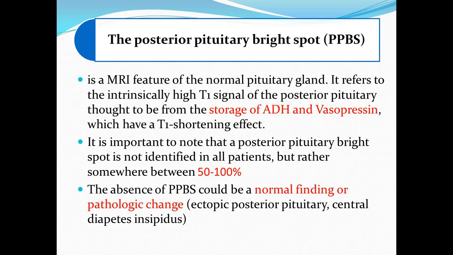And some other pathologic changes that cause the posterior pituitary bright spot to disappear include central diabetes insipidus. This is when there is a lack of antidiuretic hormone that causes the central diabetes insipidus.